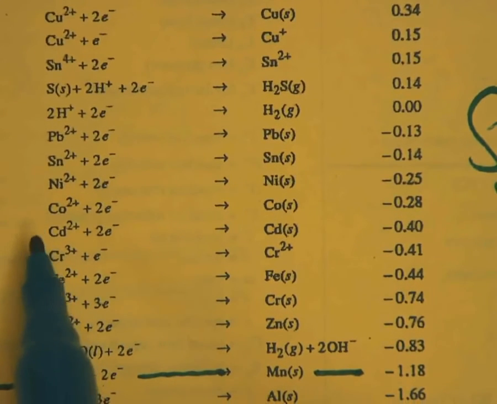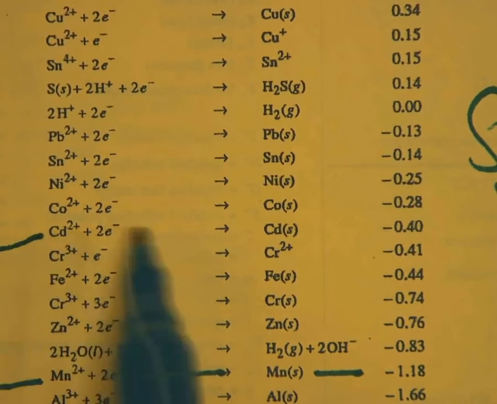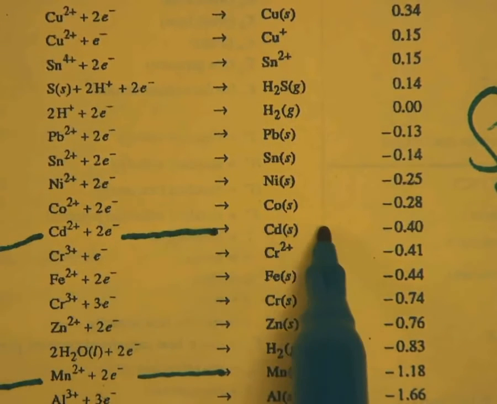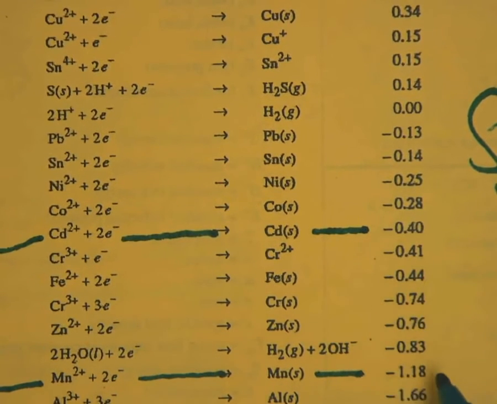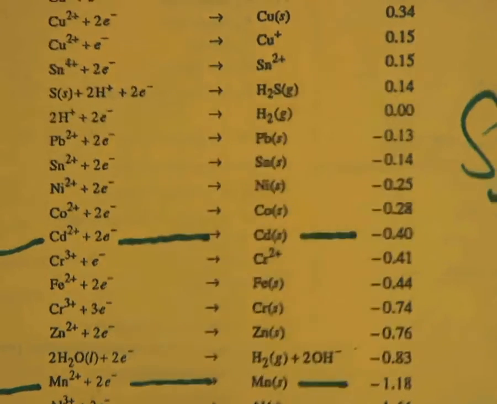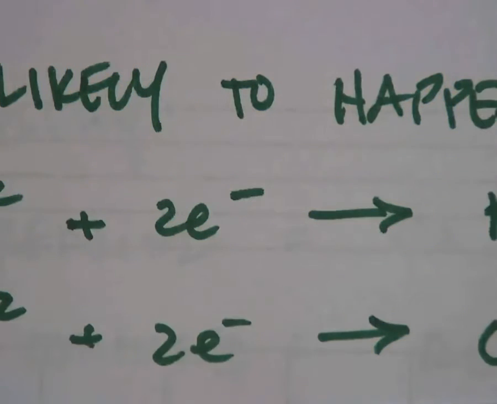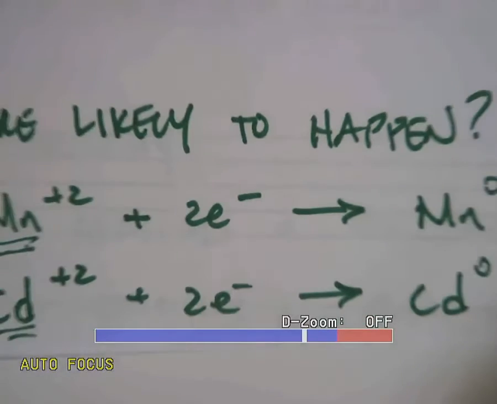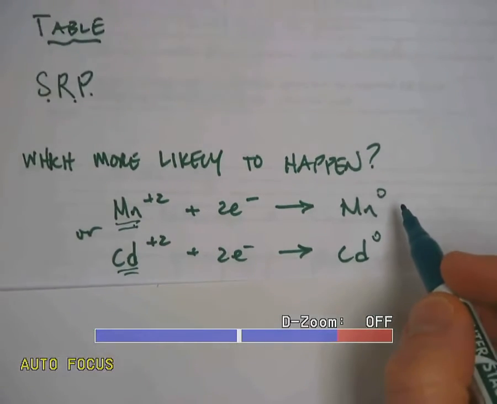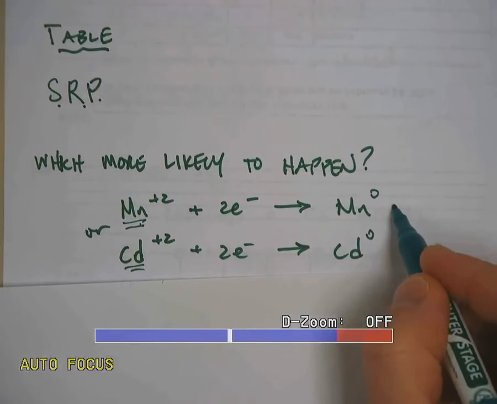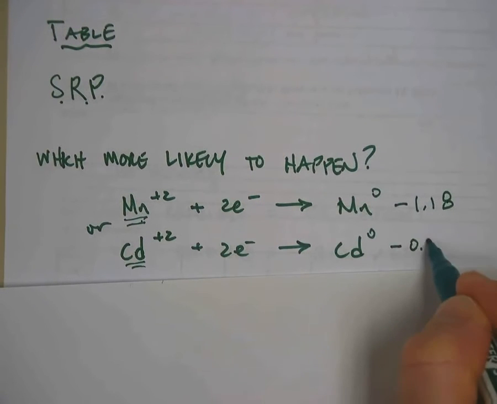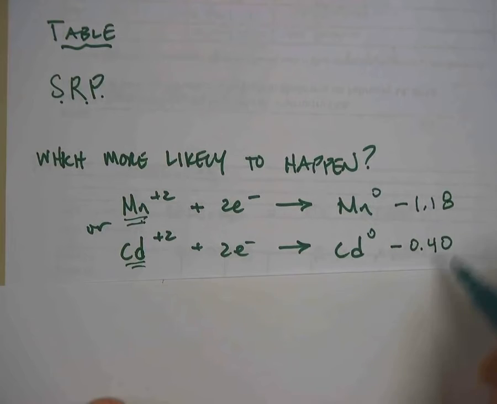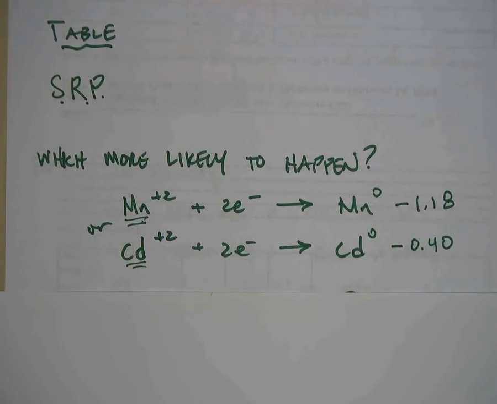Can you see it? Cadmium +2 gaining 2 electrons becomes cadmium solid, and its standard reduction potential is -0.40. Let me write those down on the piece of paper again. Manganese's potential is negative 1.18. Cadmium's is negative 0.40. Who is more positive?